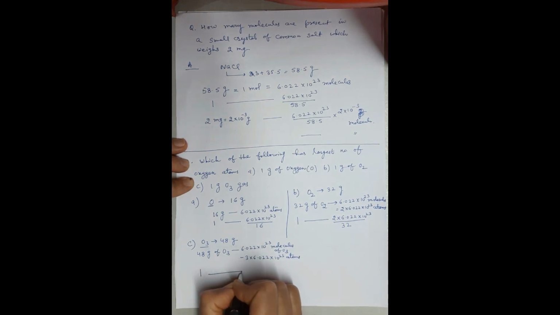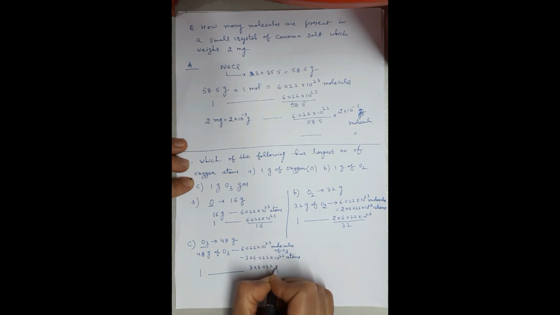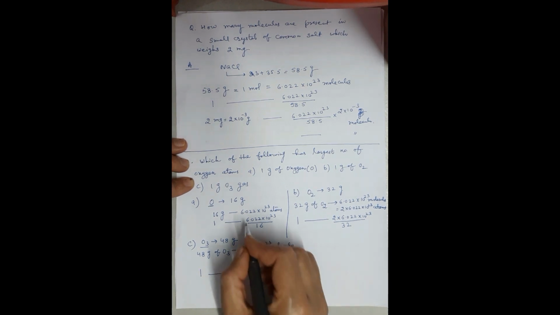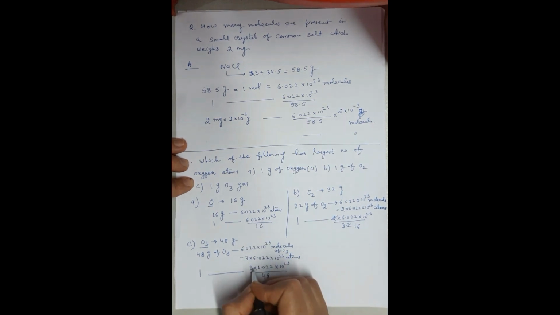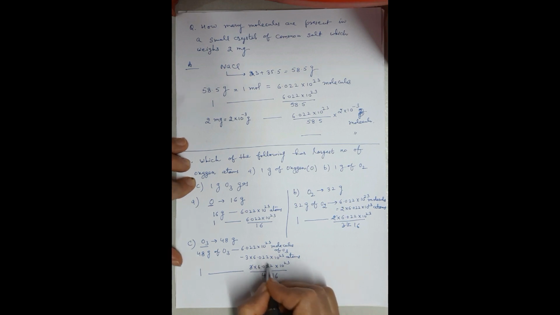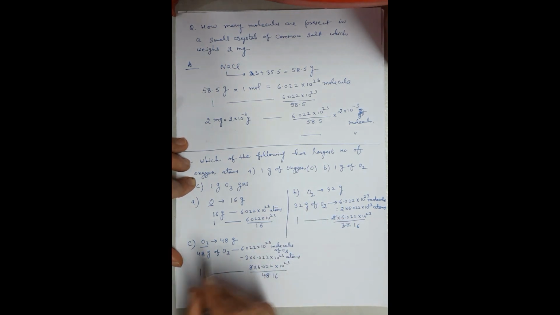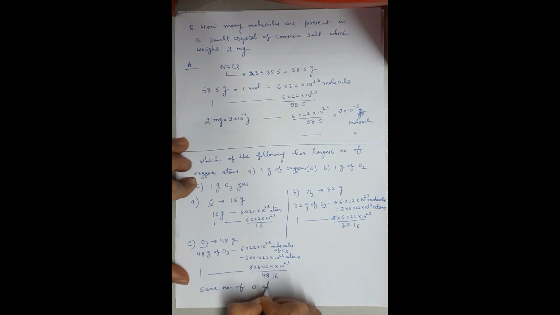And how many are there in 1 gram? It is 3 × 6.022 × 10^23 divided by 48. If you see in all these cases, this gets cancelled, 16, and this is also 16. So they all contain the same number of oxygen atoms.